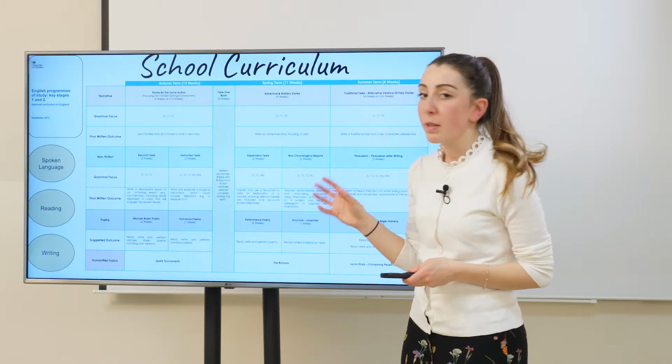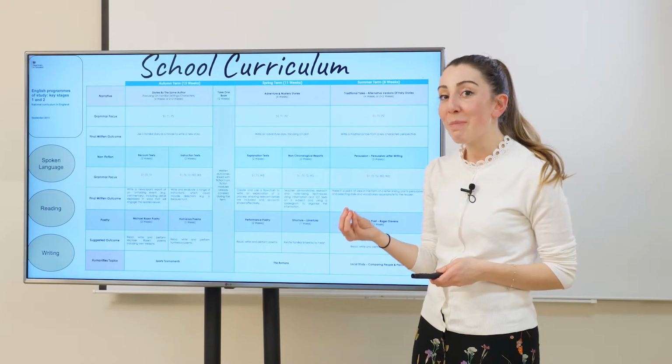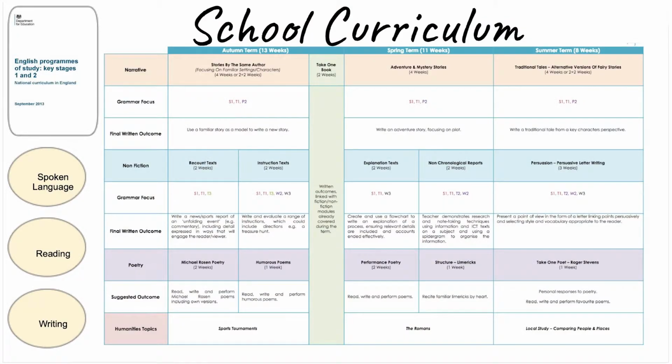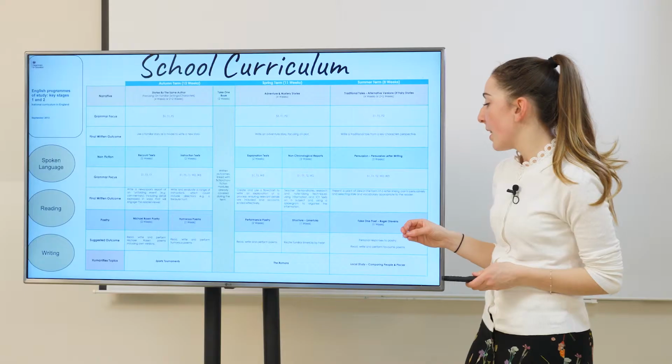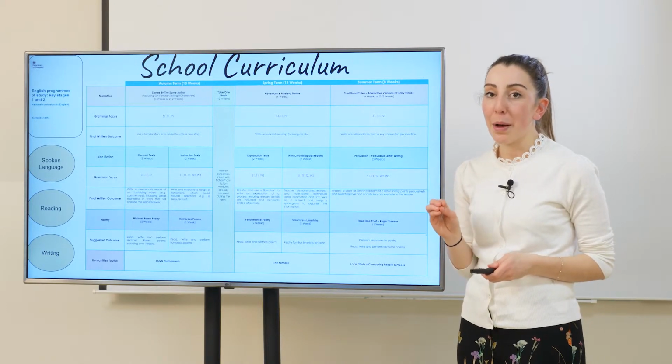Michael Rosen is a very famous author in the UK that children love. He's a very, very funny poet. Humorous poems, performance poetry, structured poems with limericks, and Take One Poet by Roger Stevens, which is a poet study where they learn about one particular poet.